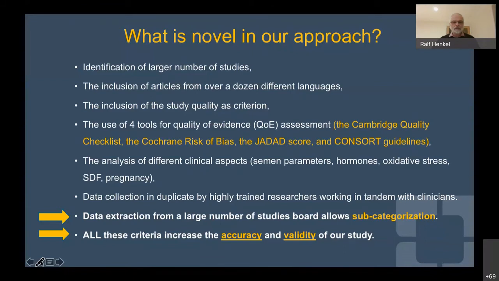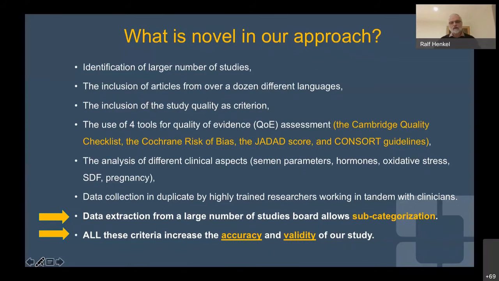They never included all available languages. They were always looking for English language, what they could understand. But we actually translated, and will translate in the coming studies, all other available publications in different languages into English so that we can analyze this data. We will include quality as a criterion.